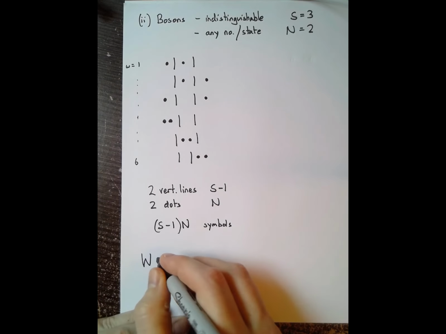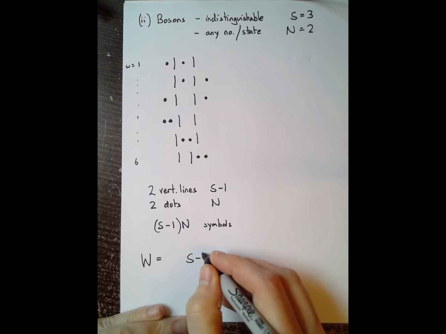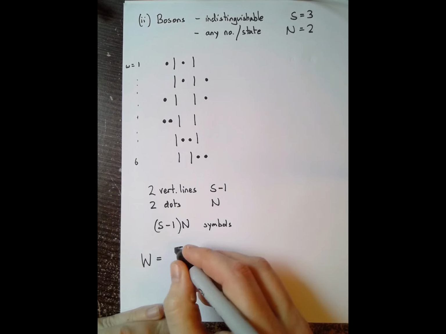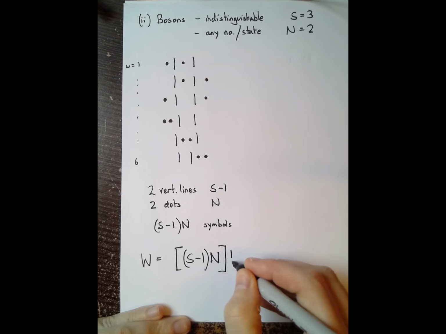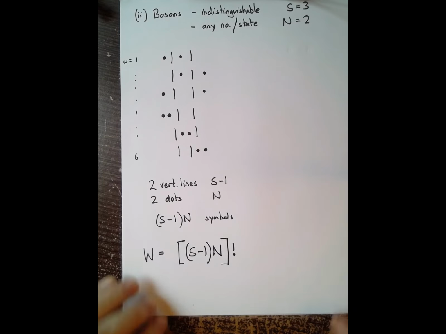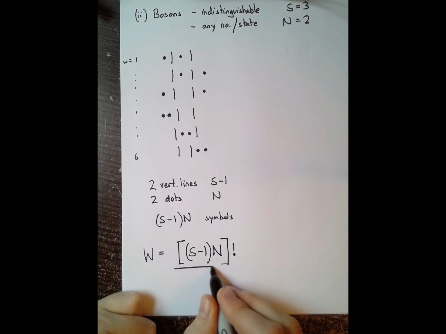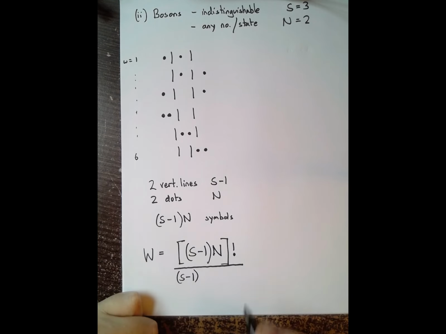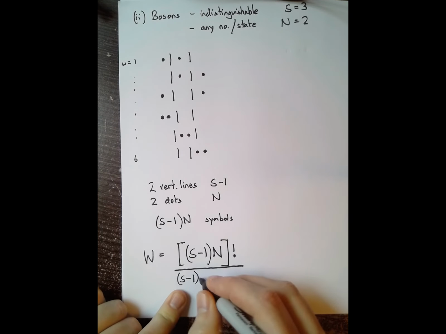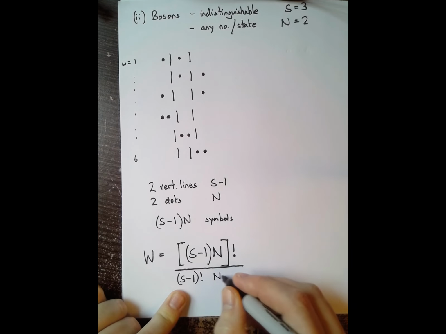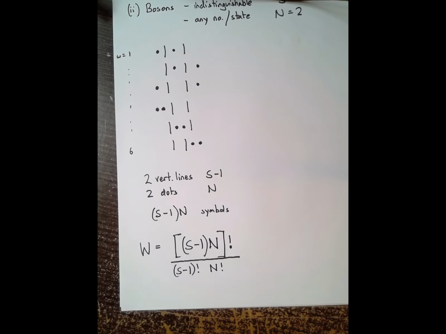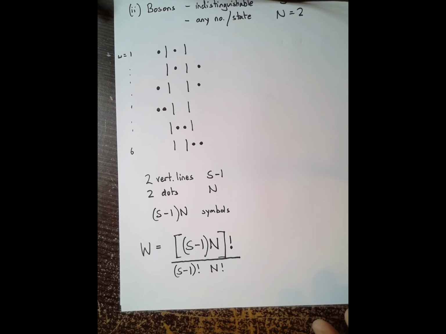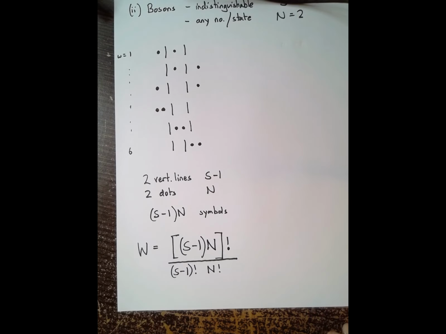So the multiplicity, therefore, is the total number of ways of arranging S minus 1 times N symbols, but then we need to divide away the total ways we can rearrange the S minus 1 identical vertical lines and the N identical dots. So this is our multiplicity for bosons, for N bosons in S states.